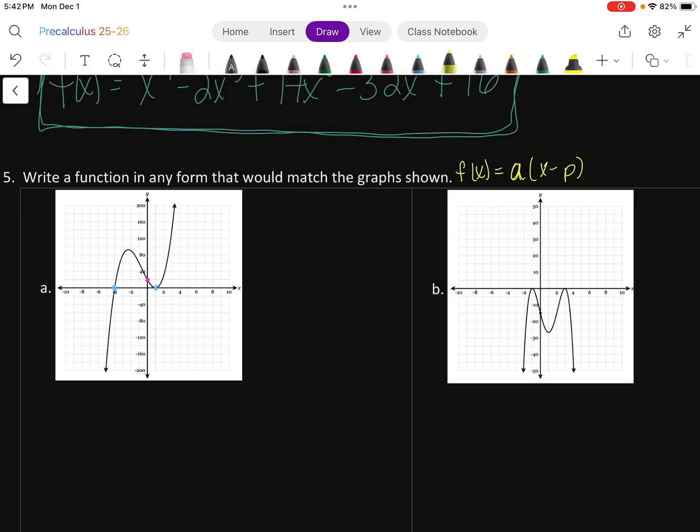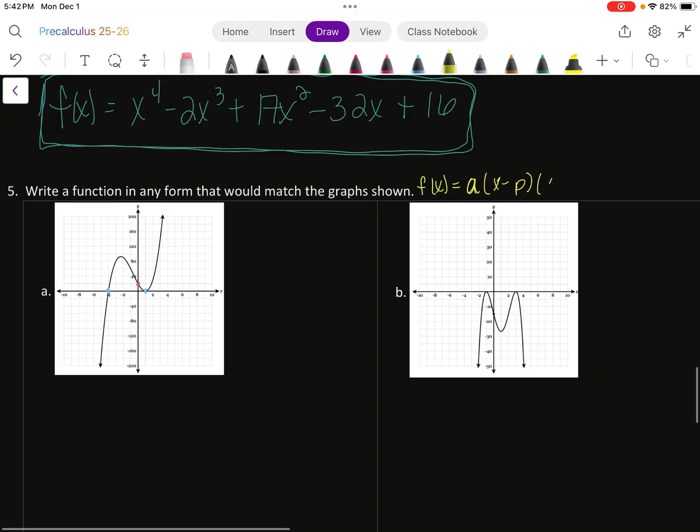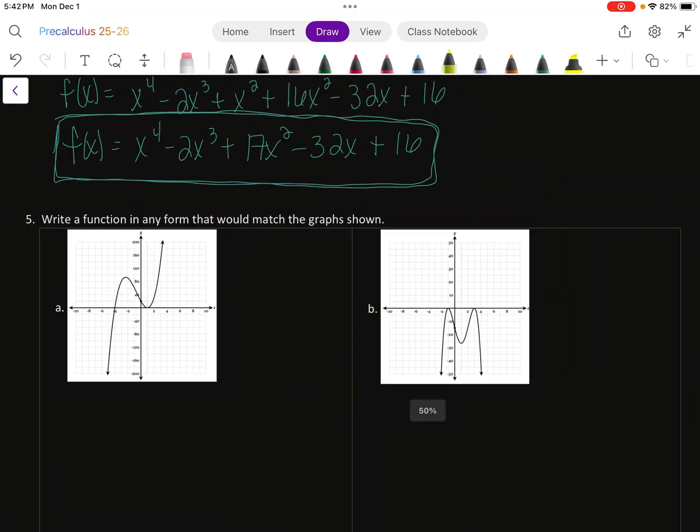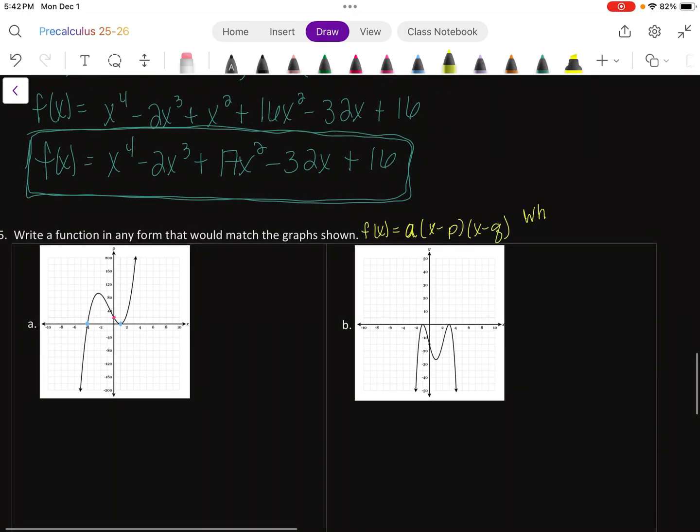I'm going to say x minus p, x minus q, where p and q are zeros. Okay, and then again, that's in factored form, essentially. We are looking for a. That's what we need to find.